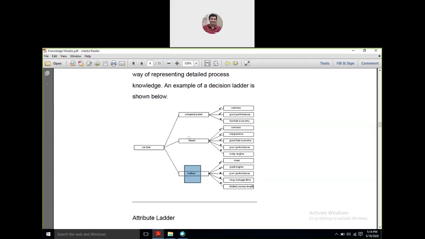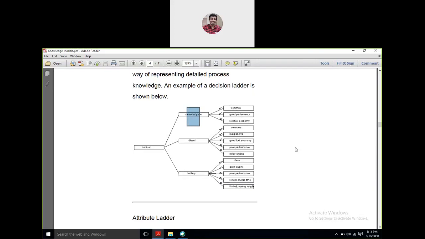Now it depends on your necessity, or on the feasibility of the situation, what kind of fuel or propelling component you require for your car. It depends on the car make and all the rest. If I'm taking unleaded fuel, then the decision has to be made on the basis that it is commonly used, has good performance, but has a low fuel economy.